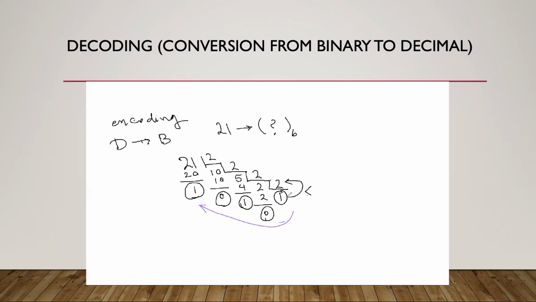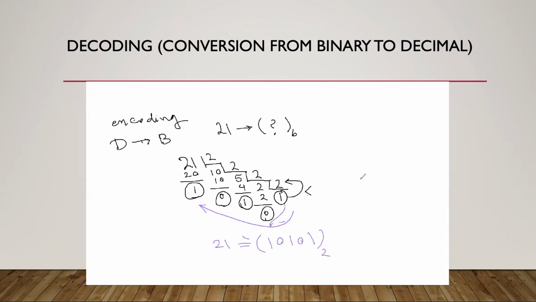So this is 1, I put this 1 here, 1, then 0, then 1, 0, 1. So that would be the answer for converting 21 to binary. Okay, this is a little bit hard and time consuming.